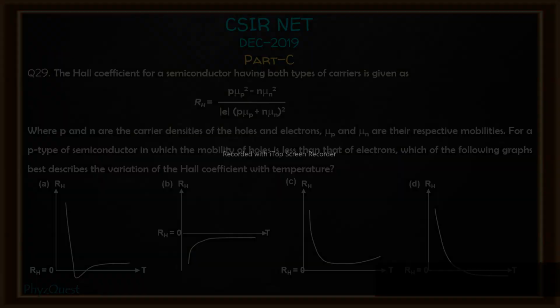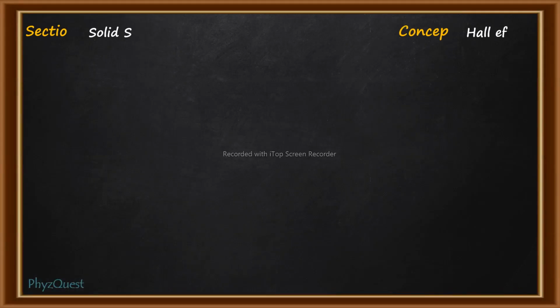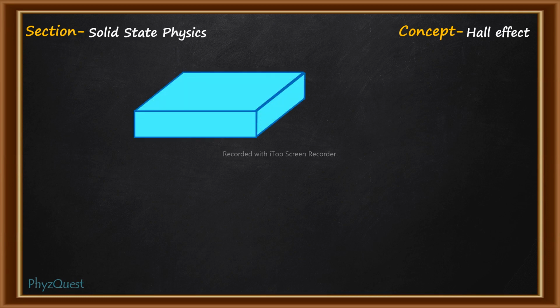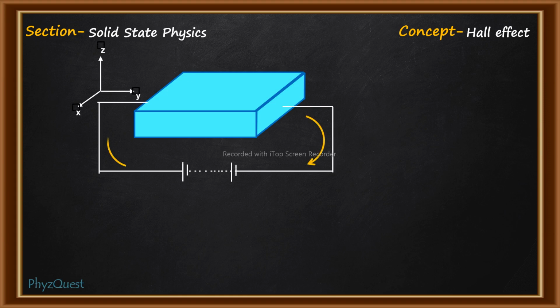So let's get started. This question comes from the section solid state physics, and the concept involved here is the Hall effect. First of all, what is the Hall effect? Suppose we have a solid material carrying an electric current. When a magnetic field is applied in a direction perpendicular to the direction of the current, it affects the moving charges in the solid.